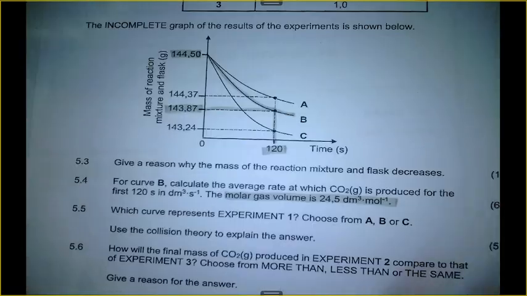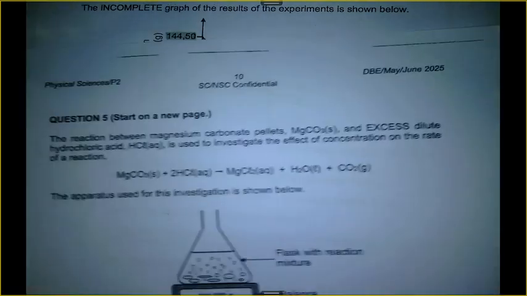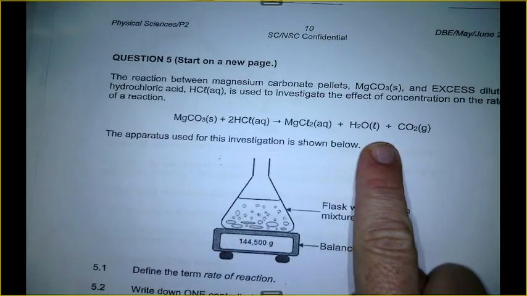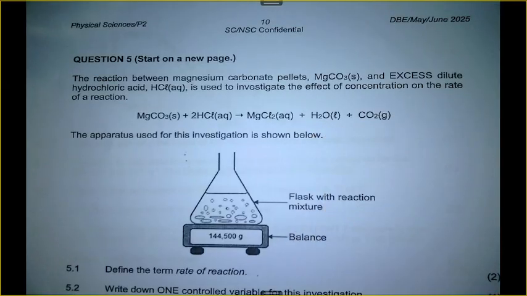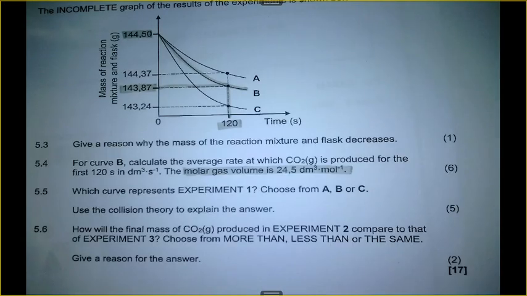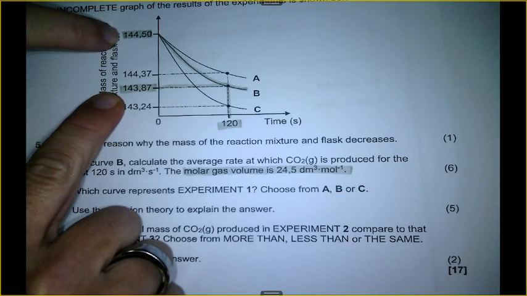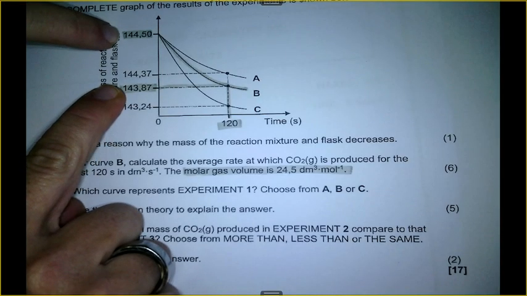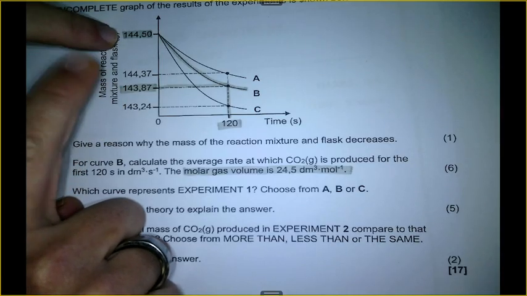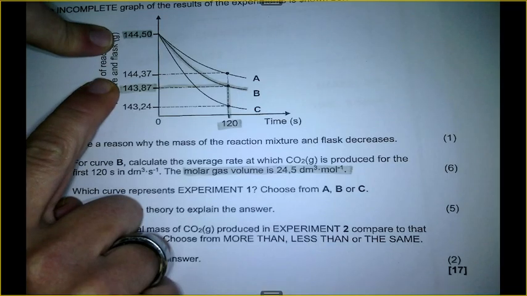Wait, where's the balanced equation? Can you guys see the only thing that is disappearing out of my reaction is the carbon dioxide? So that is the mass of carbon dioxide that is disappearing.